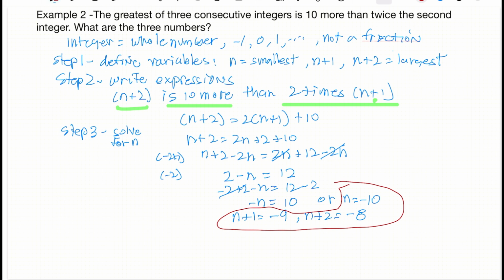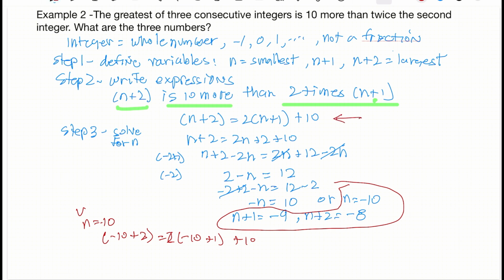So let's just check that real quick to make sure it's right. If n is equal to minus 10, we know that minus 10 plus 2 is equal to 2 times minus 10 plus 1, plus 10. So we just substituted the n back into this equation.